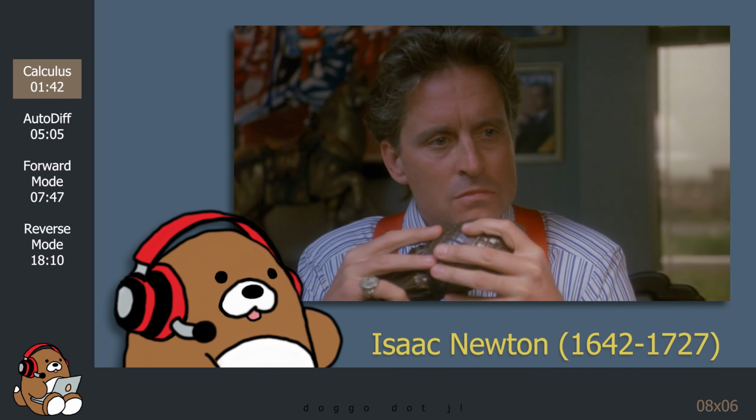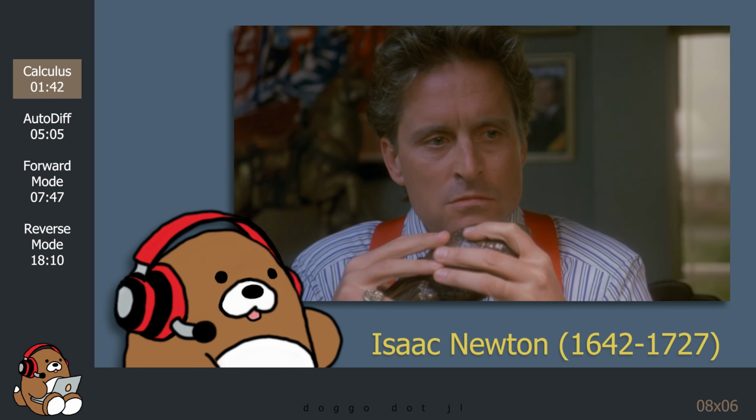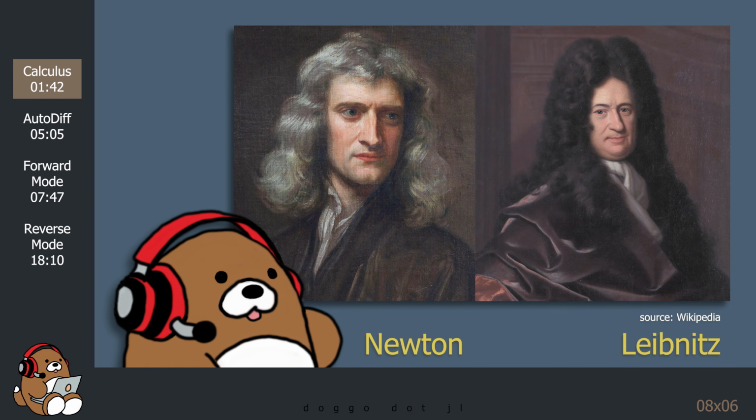When Newton found out, Newton accused Leibniz of plagiarism. The question of who actually invented calculus is a story for another video. But today, historians generally agree that Newton and Leibniz both came up with calculus independent of each other.